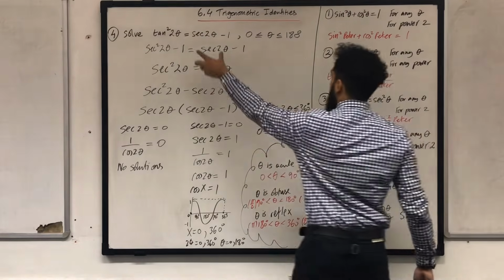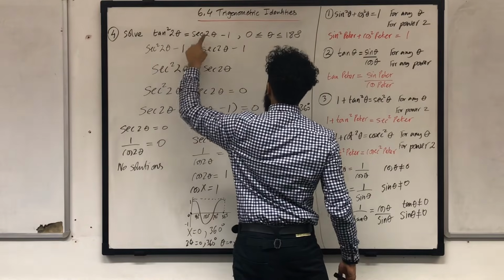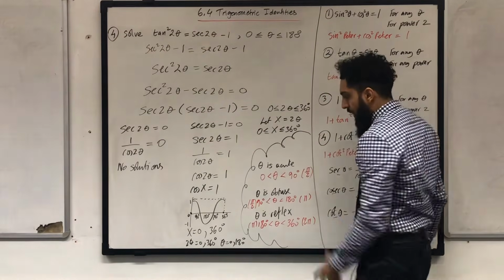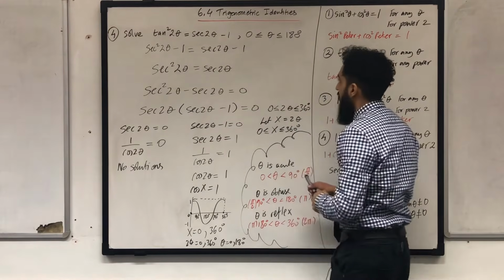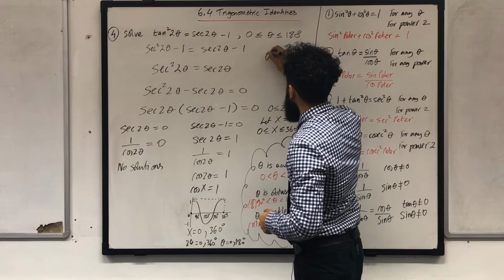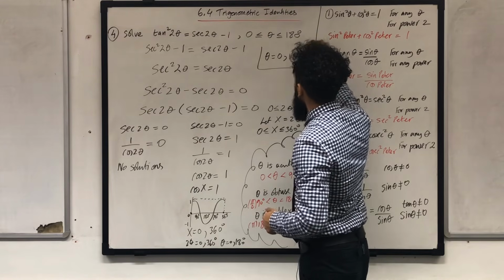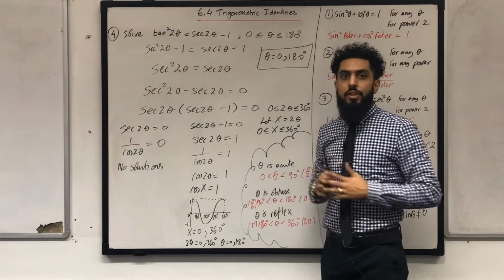So this particular equation, tan squared 2 theta equals sec 2 theta minus 1, has two solutions, and those solutions are 0 and 180 degrees. And that there completes question number 4.